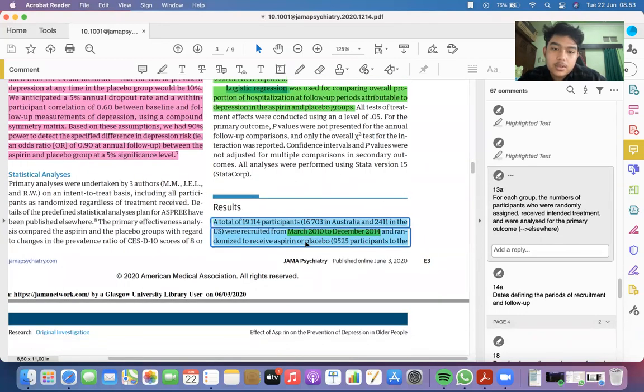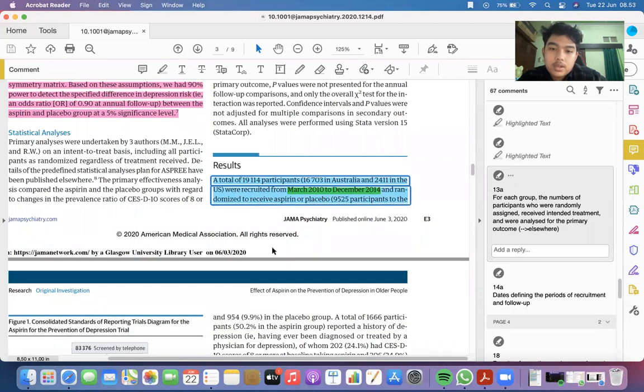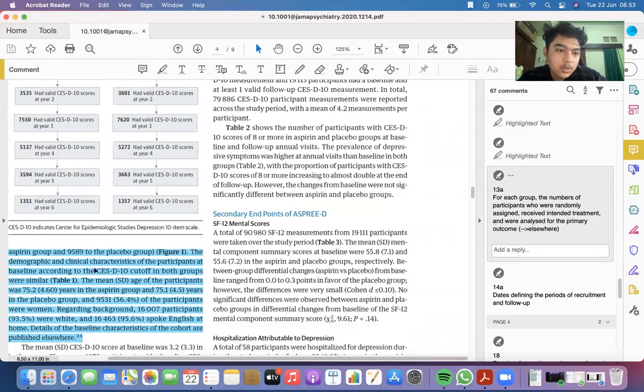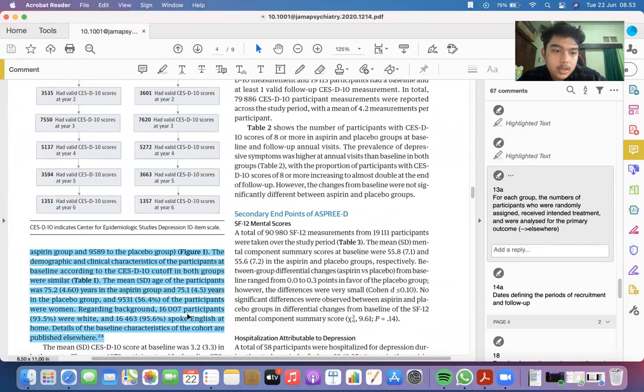A total of 19,114 participants, with 16,703 in Australia and 2,411 in the US, were recruited from March 2010 to December 2014 and randomized to receive aspirin or placebo. 9,524 participants were assigned to the aspirin group and 9,589 to the placebo group.